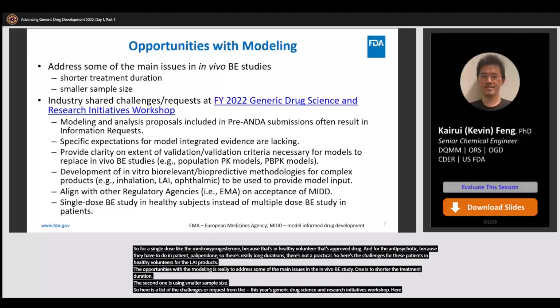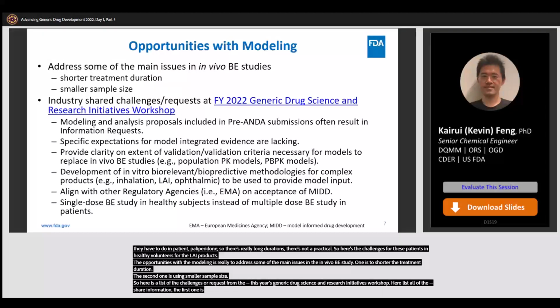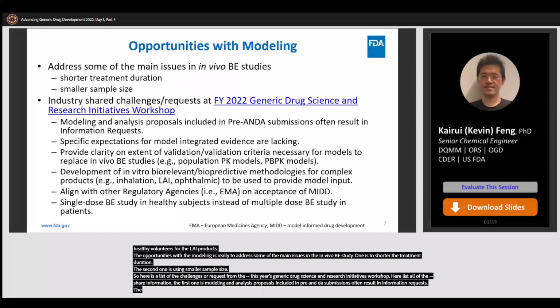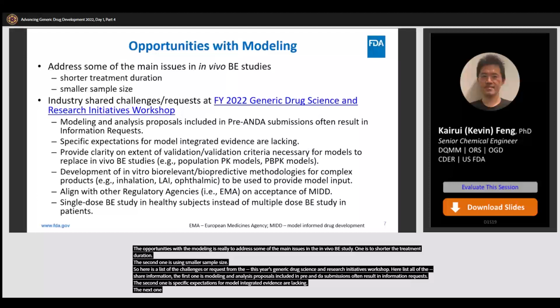The first one is that modeling and analysis proposed and included in pre-ANDA submissions often result in information requests. The second is that specific expectations for model integrated evidence are lacking. The next one is to provide clarity on the extent of validation criteria necessary for models to replace in vivo BE studies, for example population PK models and PBPK models.